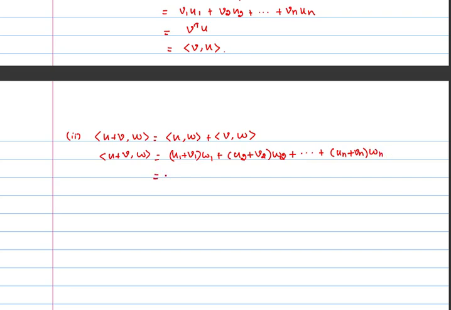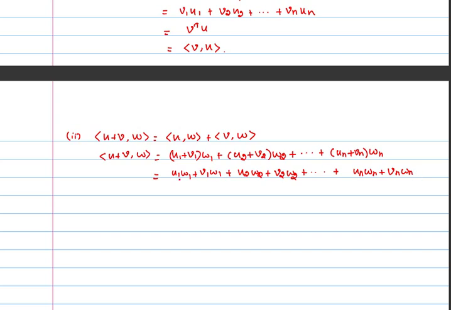In the next step you can write u1 w1 plus v1 w1, plus u2 w2 plus v2 w2, and so on, un wn plus vn wn.